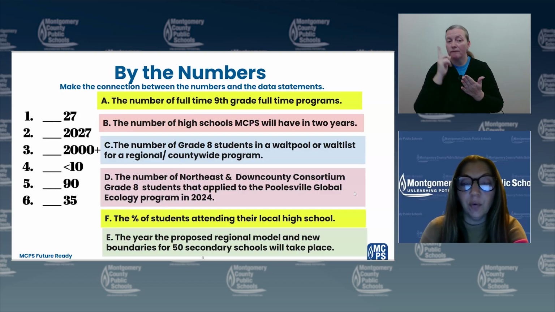D is the number of Northeast and Down County Consortium grade 8 students that applied to the Poolesville Global Ecology Program in 2024. F is the percent of students attending their local high school. E is the year the proposed regional model and new boundaries for 50 secondary schools will take place.